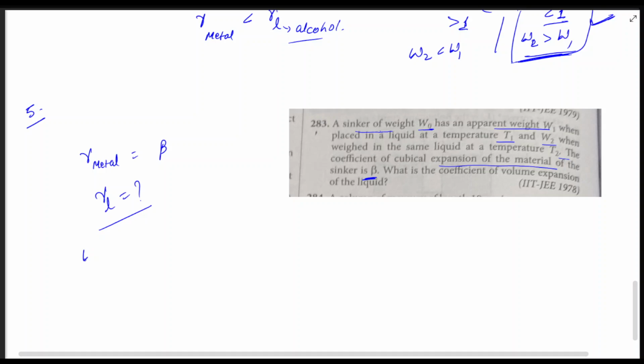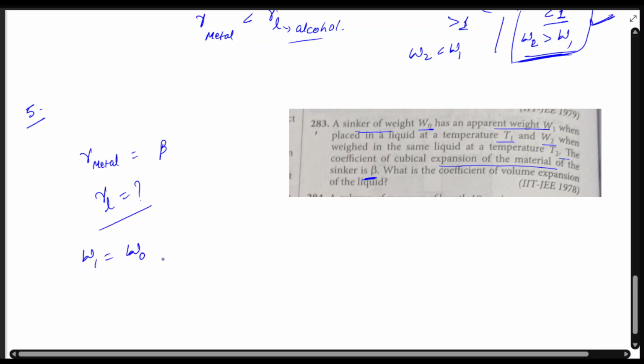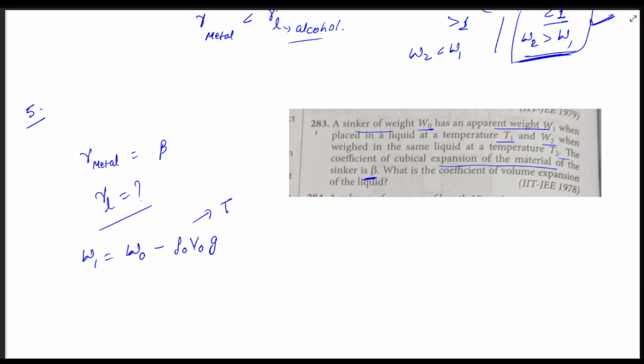We have W1 equals W naught minus rho naught V naught into G, at temperature T1.